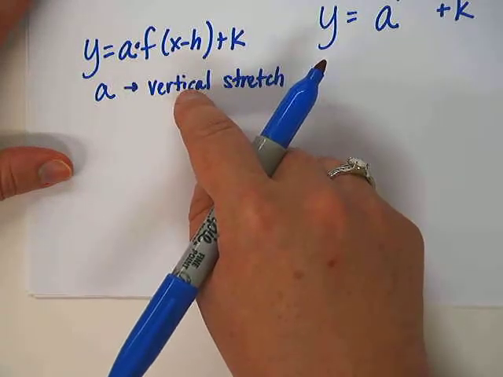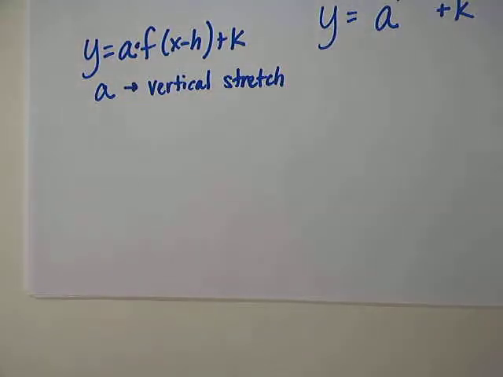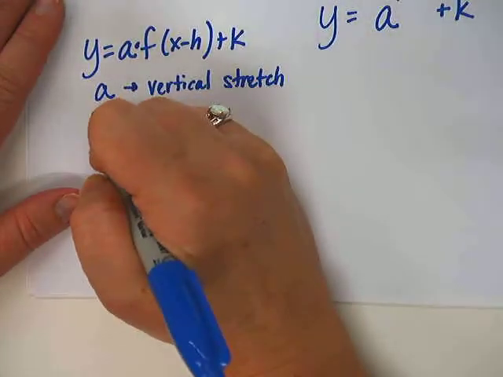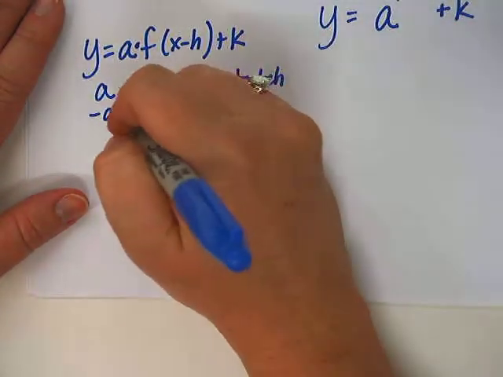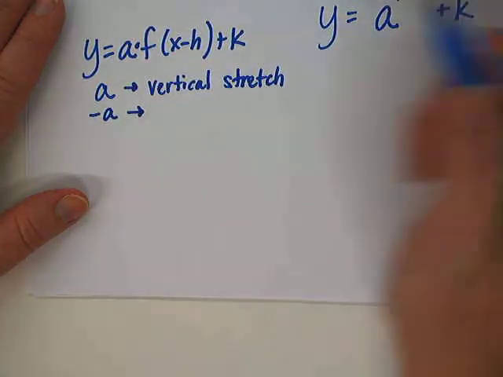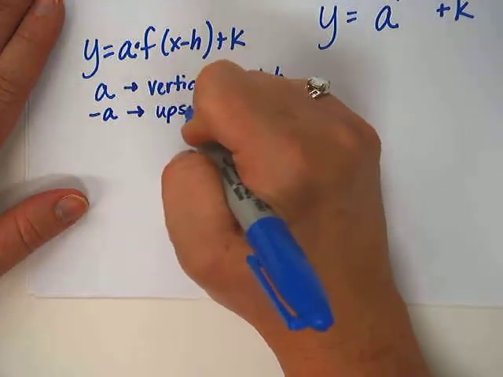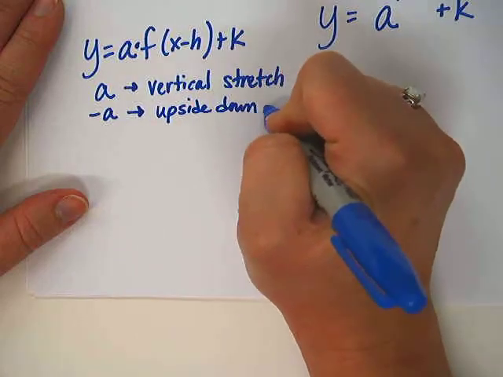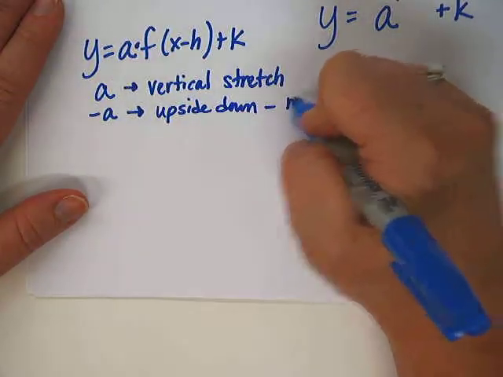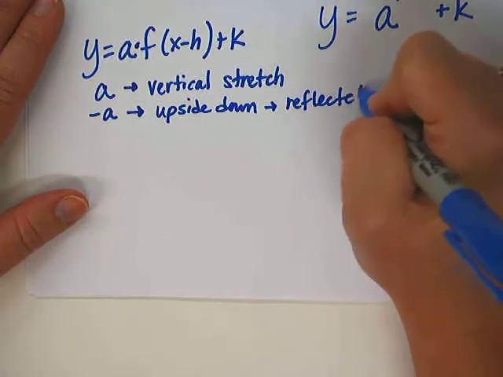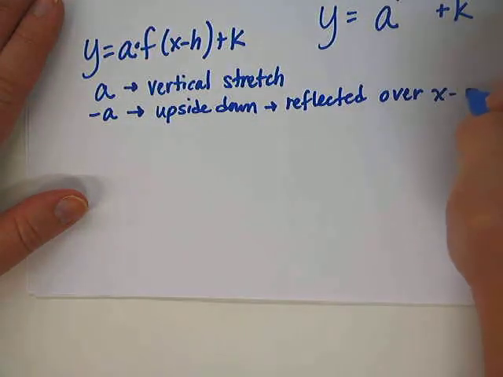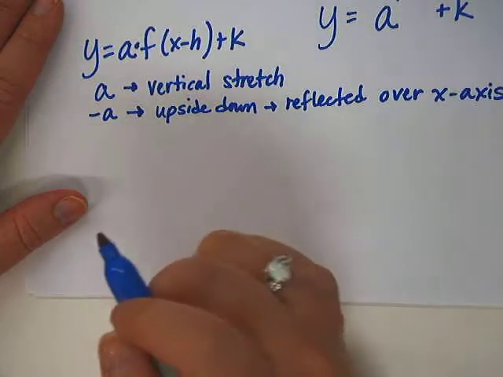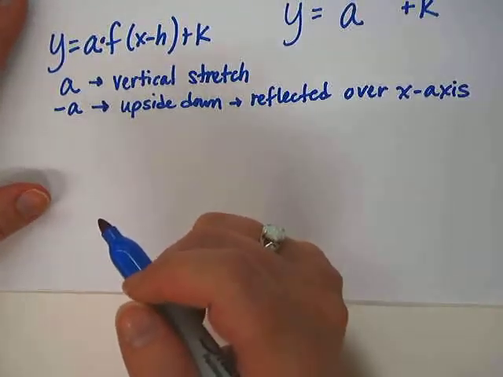So if there was a 2 there, it would take all of the y values and multiply them by 2 from where they would normally be, which has the effect of stretching the graph, so it makes it taller and makes it appear to be skinnier. It's not really skinnier, it just appears to be because everything's stretched upward. Okay? What if a is negative? It's upside down, or what we would officially say is reflected over the x-axis.